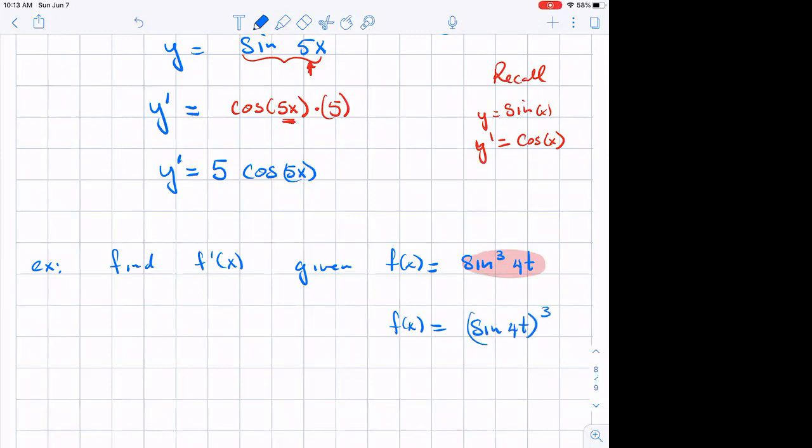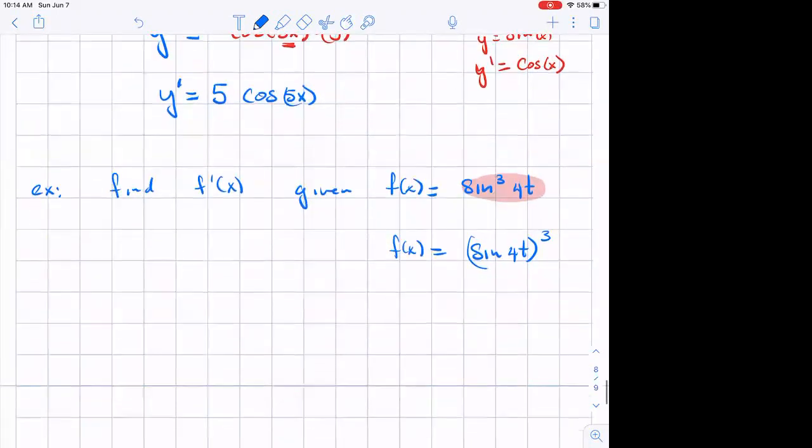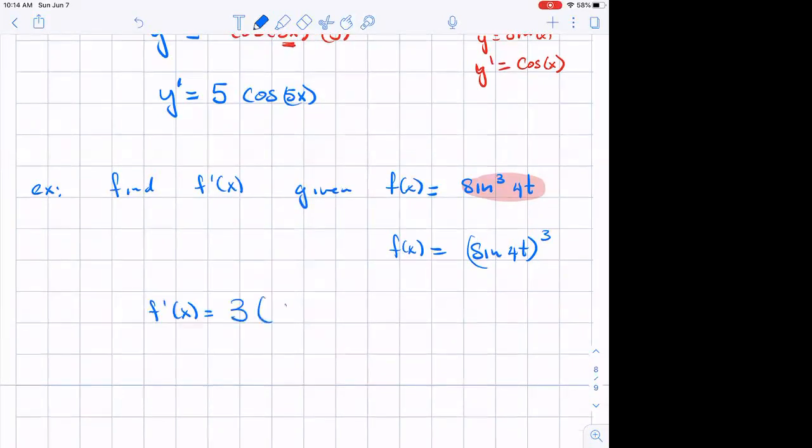Same meaning. It's the function cubed. So we can say now f prime of x is equal to, n here is 3, times sine of 4t squared. And then the derivative of the inside here, the derivative of sine is cosine 4t, times the derivative of the 4t, which is just 4.